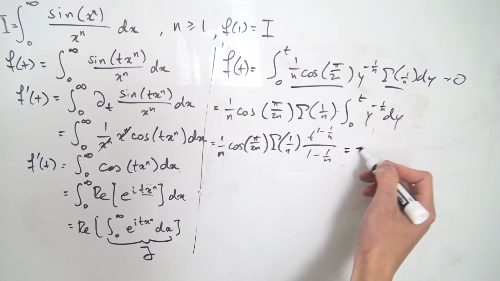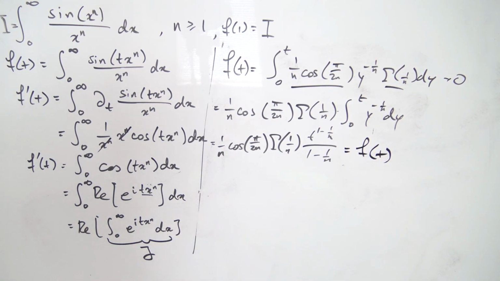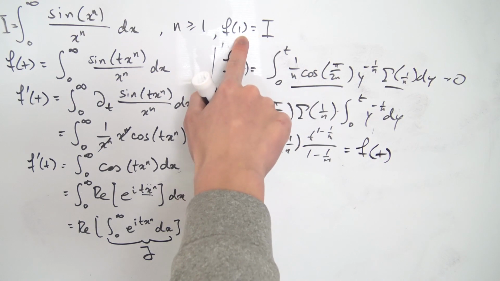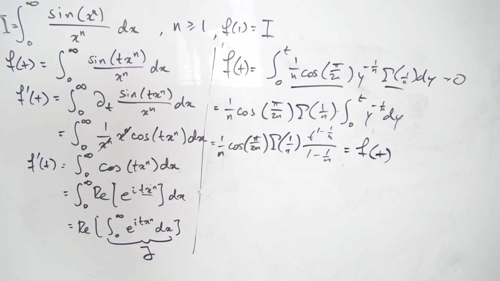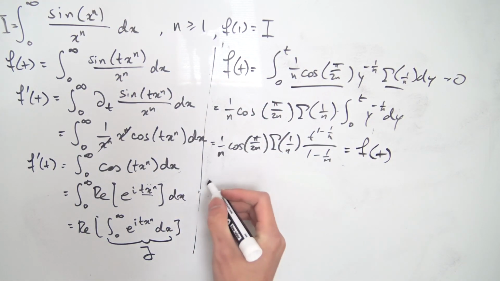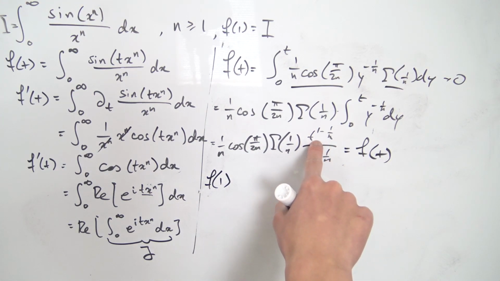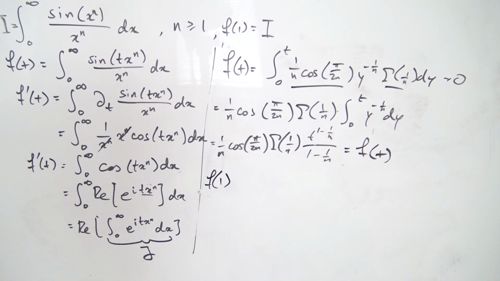Remember, this is exactly our f of t. That's the f of t we wanted to find out. And we are very, very close to finding our original I, because remember, I is exactly f evaluated at 1. So let's plug 1 in. If we have f evaluated at 1, what do we get? Well, we're going to have right here 1 raised to some power, and 1 raised to some power is exactly 1.